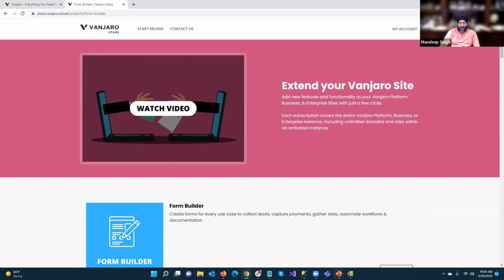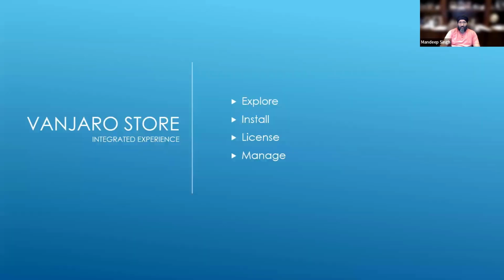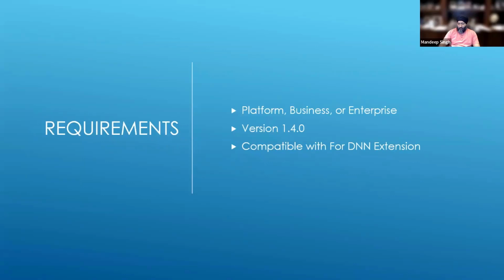All right, so let's go back here and let's look at the requirements. Vanjaro Store is integrated in the open source platform. So if you're running the open source platform of Vanjaro, it's available to you. It's also available to the commercial business or enterprise customers as well. The only requirement is that you need to be running version 1.4.0 for the integrated experience.